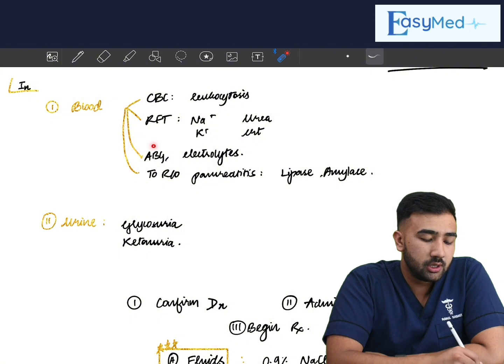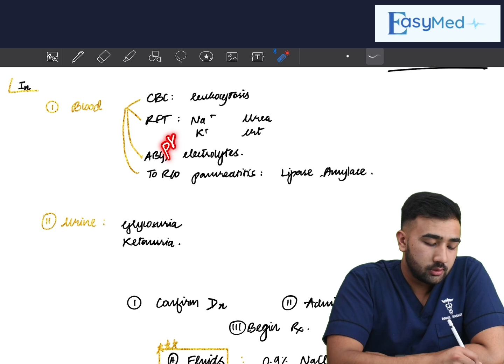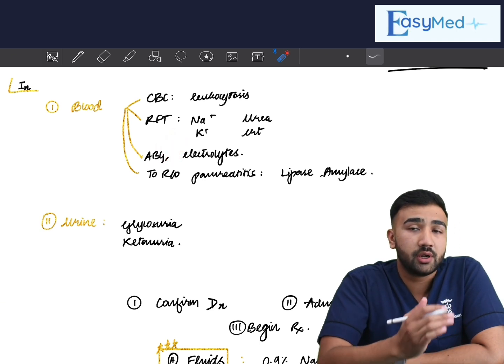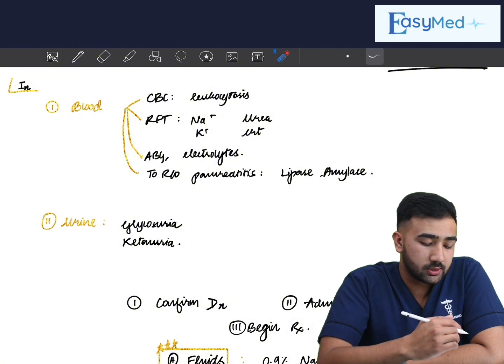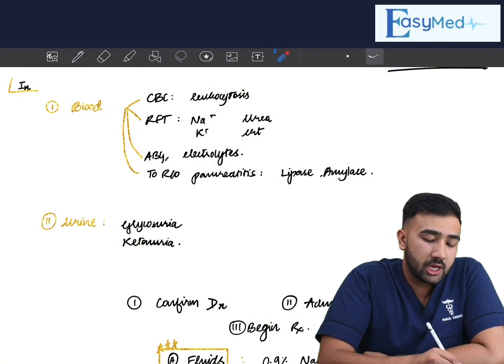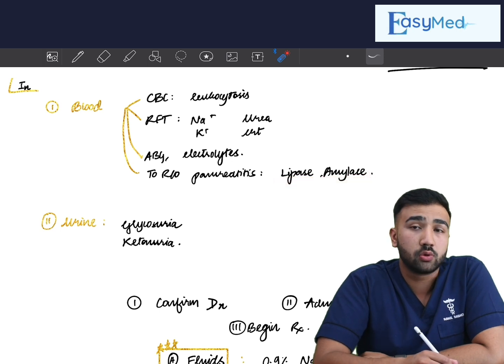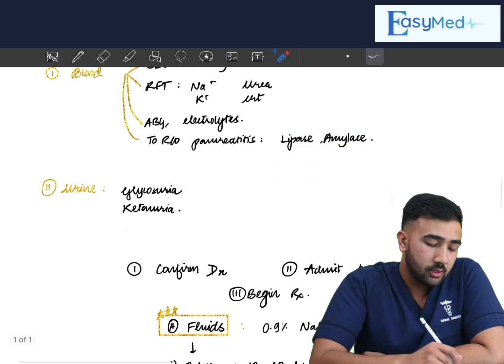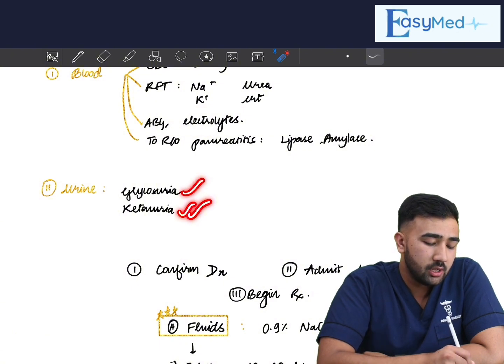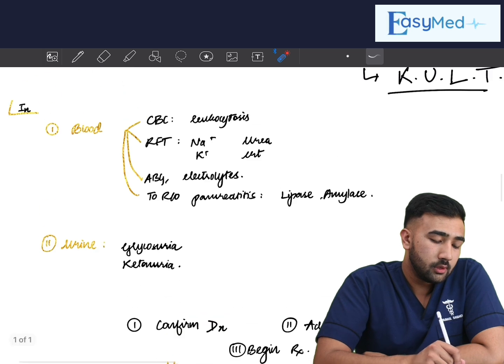Talking about the ABG, it is very important to know the electrolyte status and the pH, so we can say that it is a very important tool for confirming the diagnosis. Another very important blood test is the lipase and amylase, which can help to rule out pancreatitis. The other test sample is urine, where we can look for ketonuria and glycosuria.